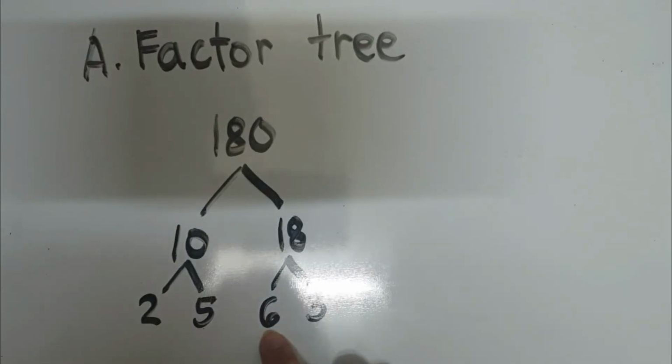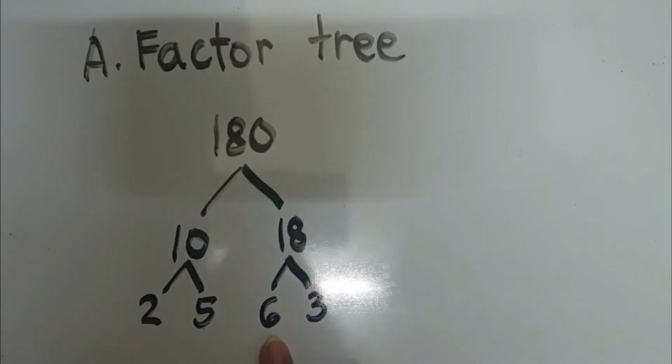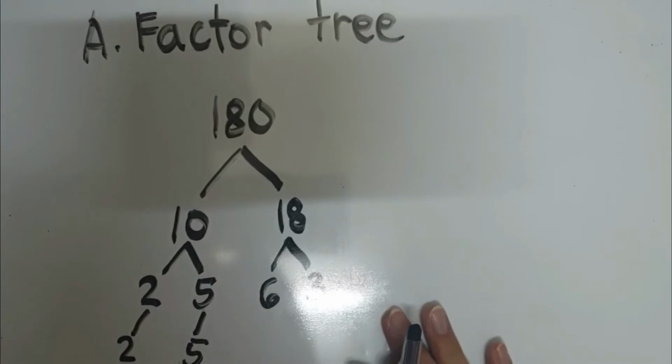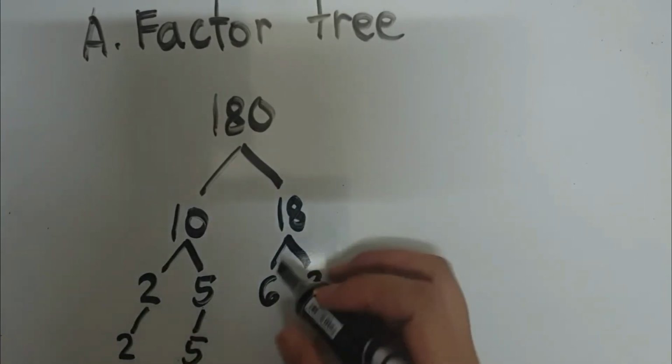6 is not yet a prime factor because there are still other factors aside from 1 and itself. 3 is already a prime factor. Since there is one number that is not yet a prime factor, then we can just copy the other numbers that are already prime. So, let's copy 2 and 5.